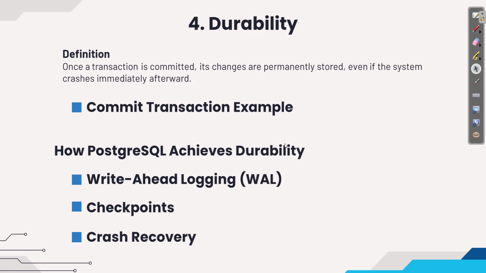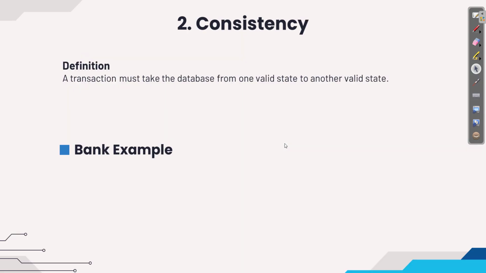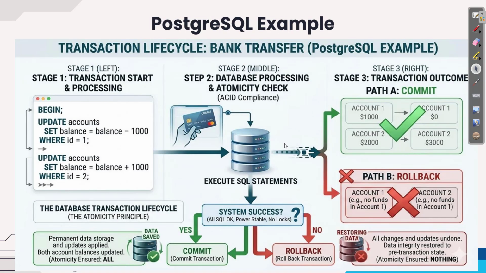If the commit statement is executed, here you can see these both SQL statement transactions are permanently stored in the database, and after that, if the system crashes after executing the commit statement, then after the recovery we will see these transactions, we will not lose them.